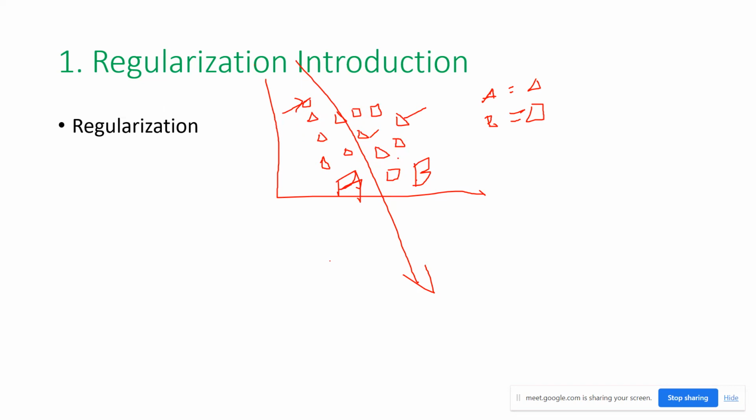So this line's classification is good because it has minimum error: only two data points and one data point.